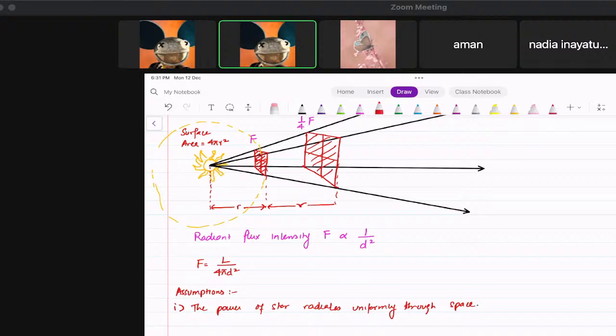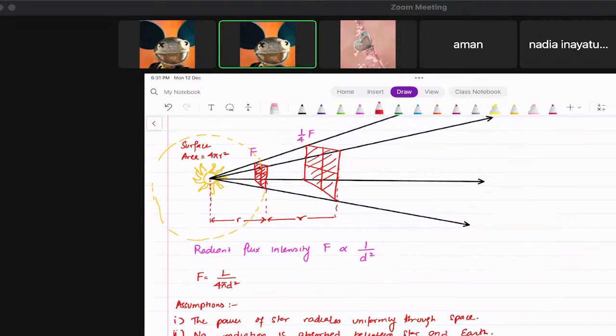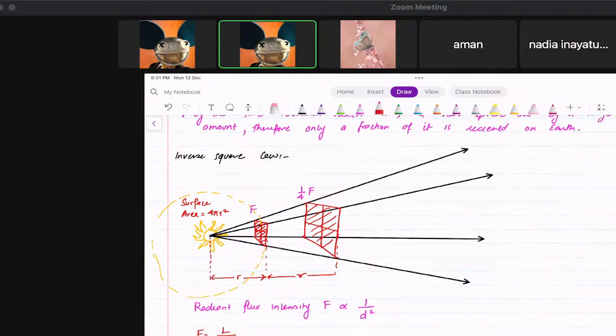And the other assumption of this equation is that no radiation is absorbed between star and Earth. So these are two assumptions that we got to make. You can actually make the third distance as well, and you'll see the area will be even larger.